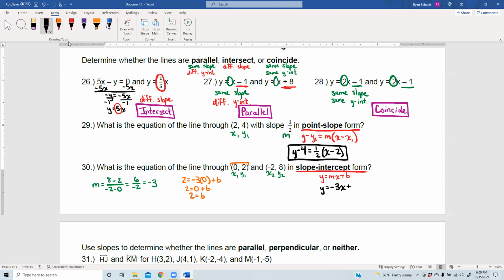Well, there's our b. B is 2. And we can always check using our other point. -3 times -2 is 6. 6 plus 2 is 8. That's what my other point is. -2, 8. So we're Gucci.